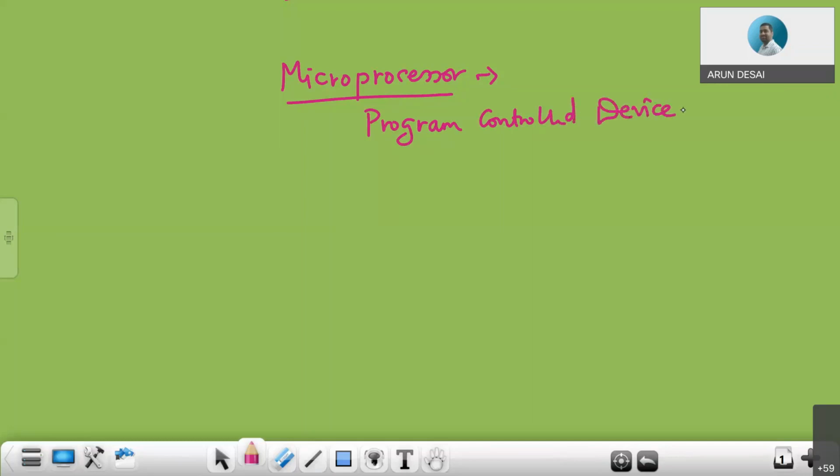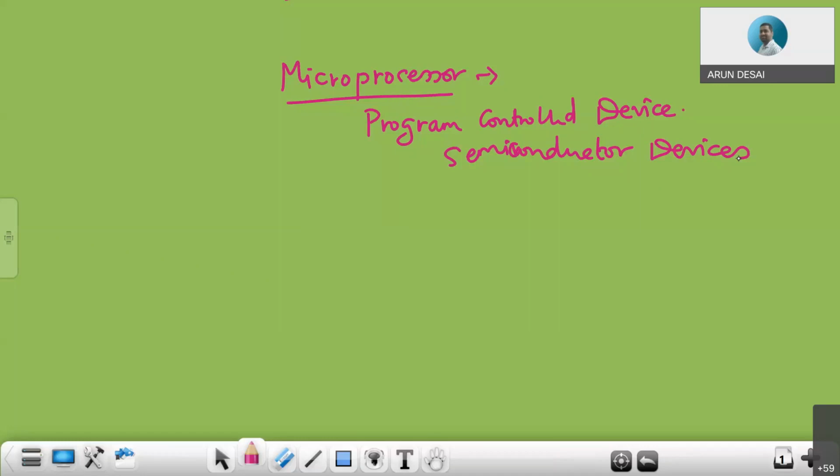You also call it a semiconductor device. So semiconductors are used in these devices, right? You basically call a microprocessor a program controlled semiconductor device which can fetch the instruction, decode that instruction, and execute that instruction, right?